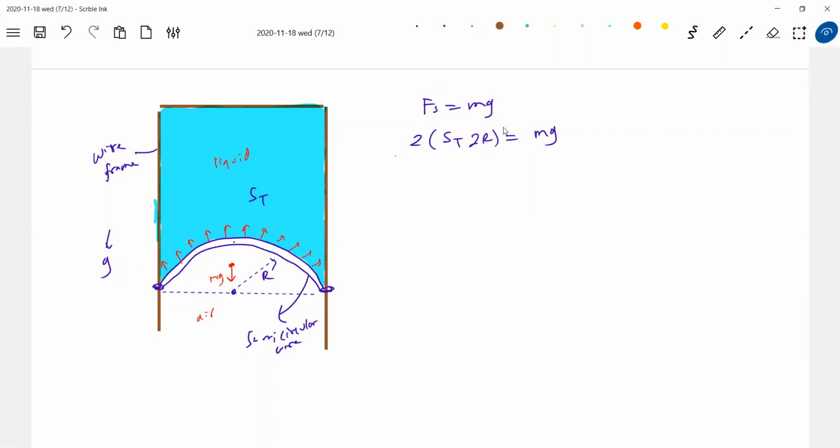Not pi r. Another student will write it like this. Why 2? Because 2 surfaces. Surface tension into, another student will write pi r, sir. No, not like that, this is the correct one. Any reason for that? Go back.